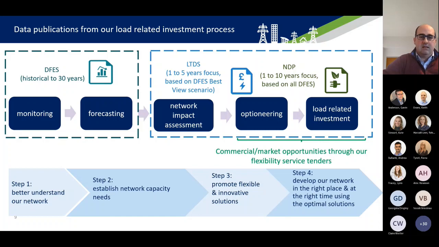So we go through an extensive optioneering process where we identify the optimal reinforcement solution, and then we compare that solution with flexibility services through the local energy market to find the optimal solution. And the output is what goes to our load-related investment plan. So information around the future network impacts and the options we consider for load-related investment are published in our LTDS and NDP.